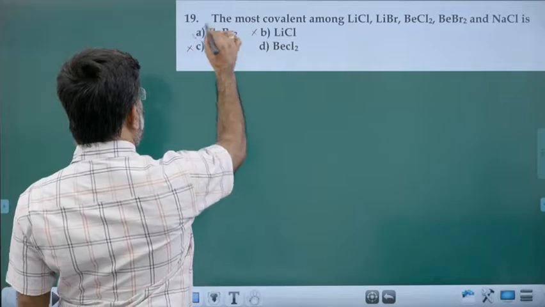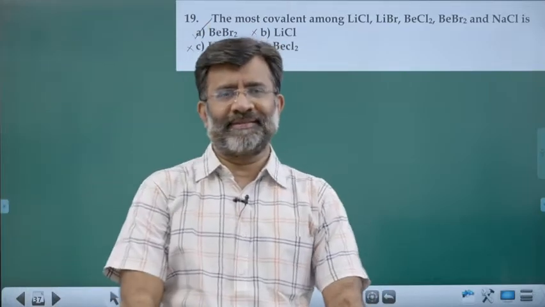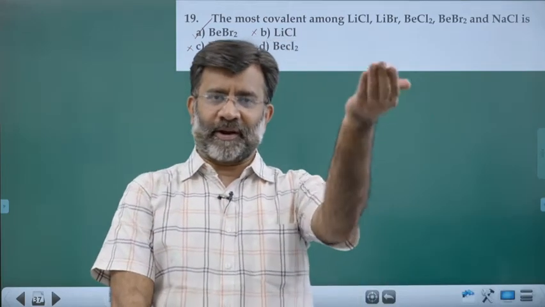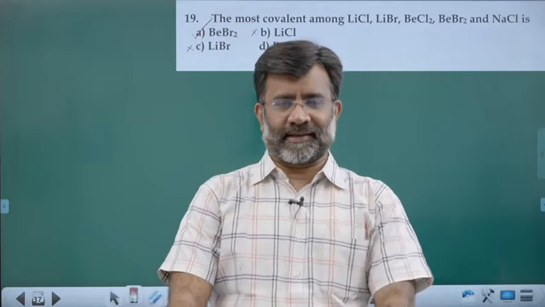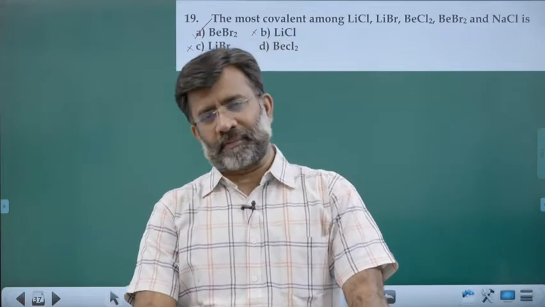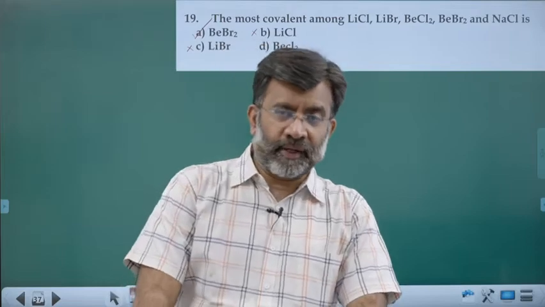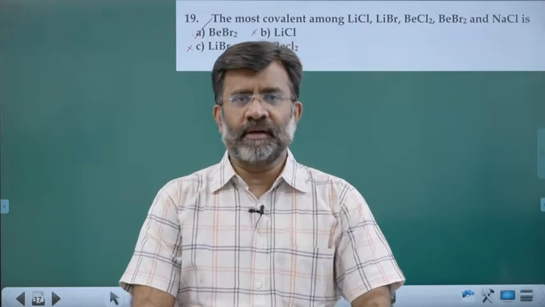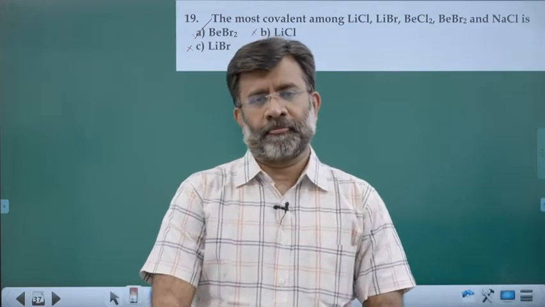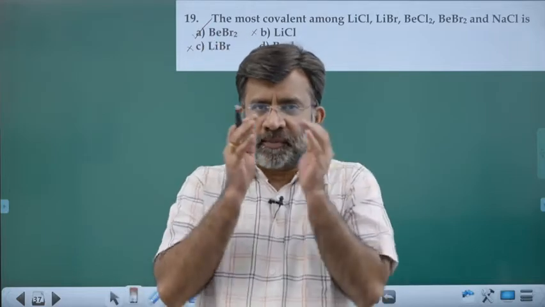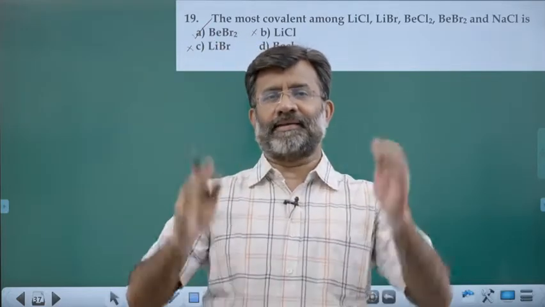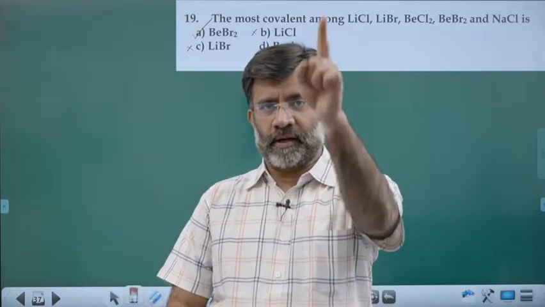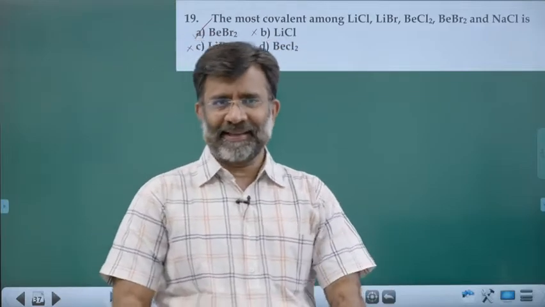No doubt A. According to Fajan's rule, the larger the anion, the higher the polarization, the higher the covalent character. Covalent character depends on the polarization, and polarization increases with the size of the anion. So the cation must be small in size and the anion larger in size. A small cation and large anion give high polarization, high covalent character. Okay, next question.